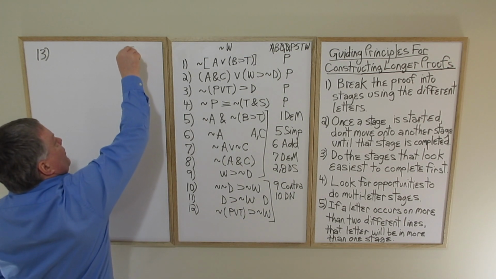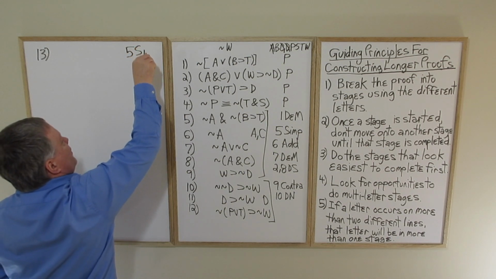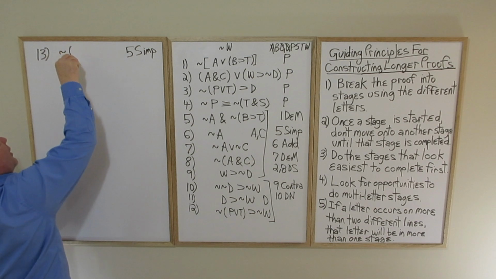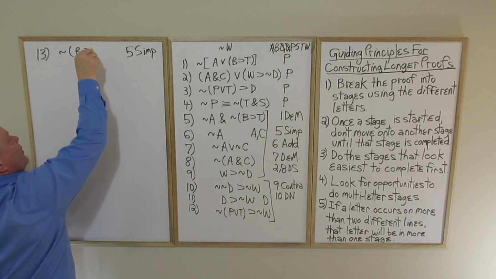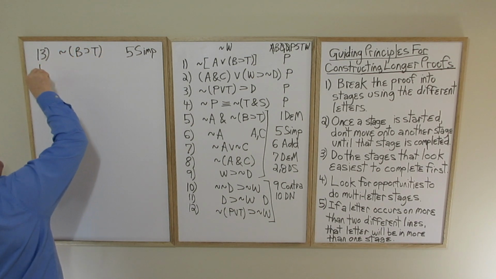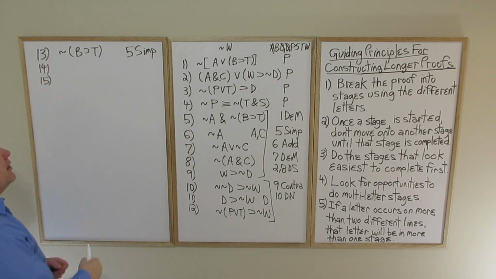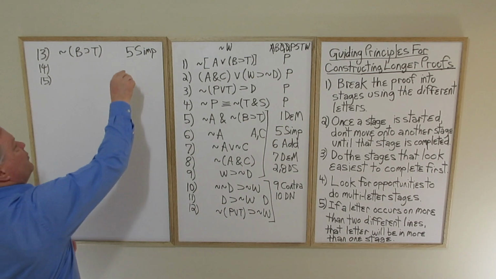So we will do 5 simplification to get tilde B horseshoe T. We saw in the last proof that a negated conditional can be unlocked with a two-step sequence. We do implication on the conditional inside the brackets and then De Morgan's.